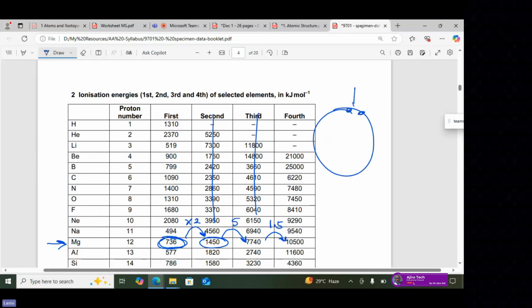To remove the first electron, what's the value? 736. Second one, 1,460. Third one has to be another electron. What is a big jump in the value? It means that you are removing an electron from a different shell.